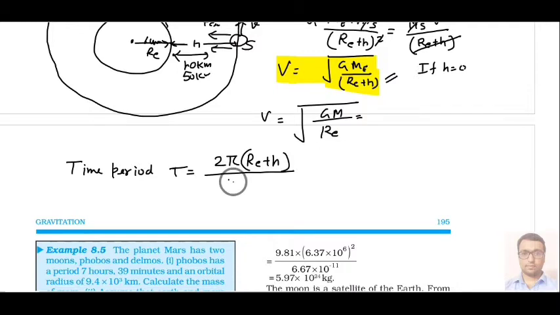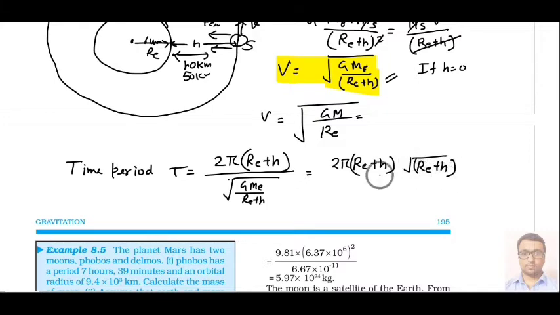So here you can write 2π(Re + h), and one power in under root of (Re + h) will be written in the numerator part, and in the denominator we will be left with only GMe.